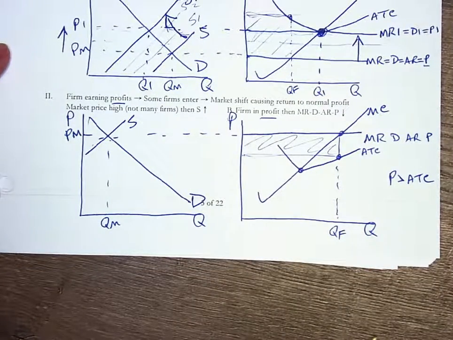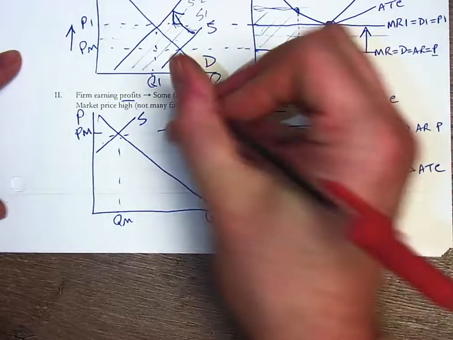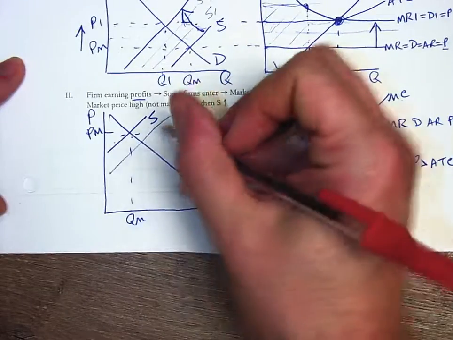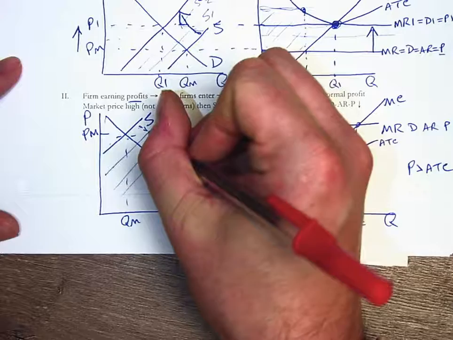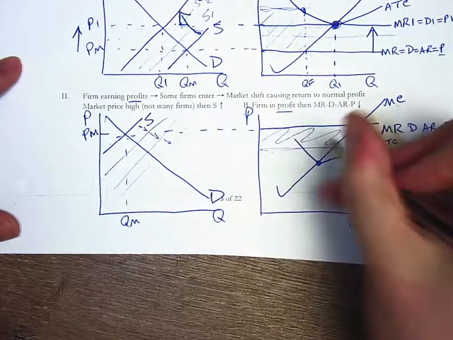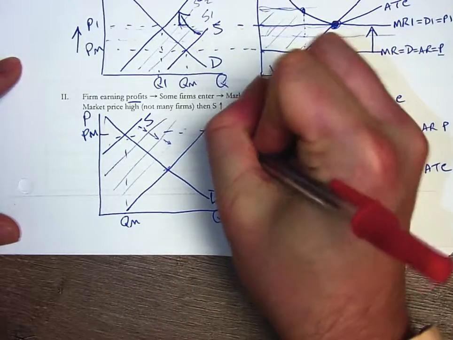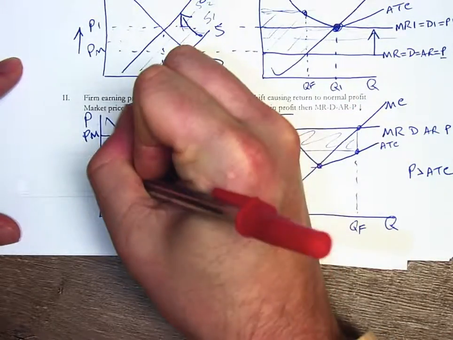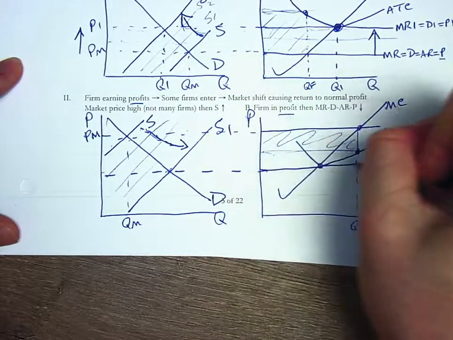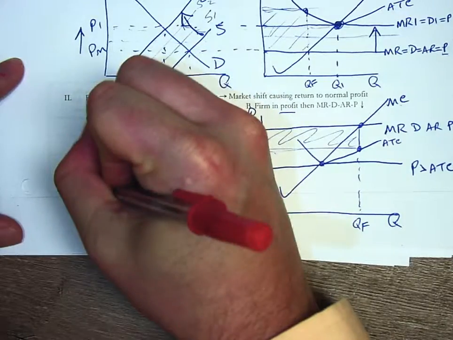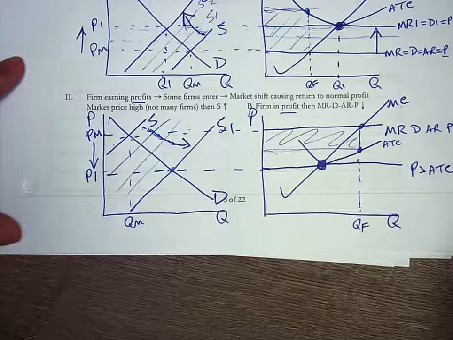That's our profit. Now what's going to happen in the long run is that firms will enter, because they want to capture some of that profit. And when that happens, the supply curve shifts to the right. And it will keep shifting to the right until the price falls to P1, to the point where we're back at equilibrium.